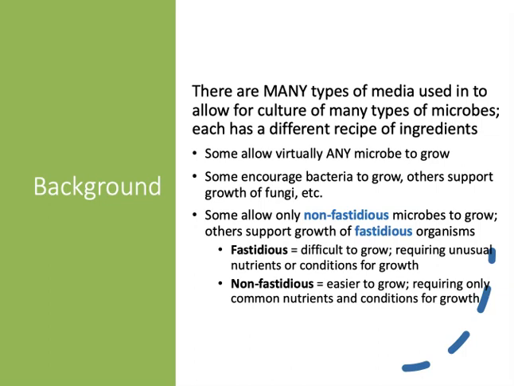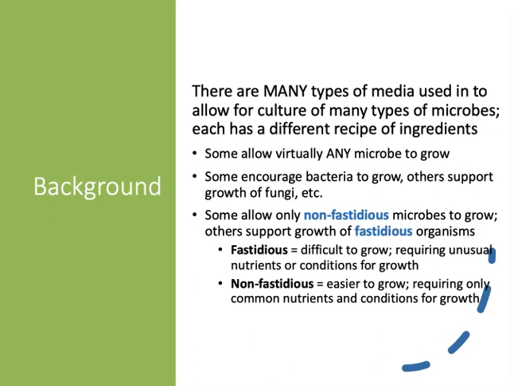Some media will only allow non-fastidious microbes to grow, while others are going to support the growth of fastidious microbes. Now, these terms are new for us. A non-fastidious microbe is a microbe that is relatively easy to grow in the laboratory. In other words, it's a type of microbe that has very common nutritional requirements and very common conditions for growth.